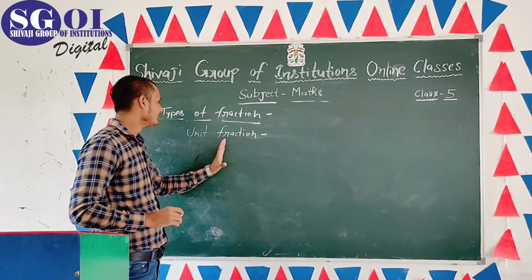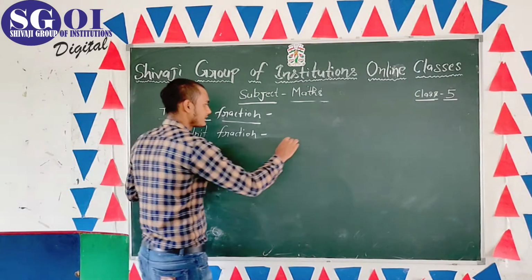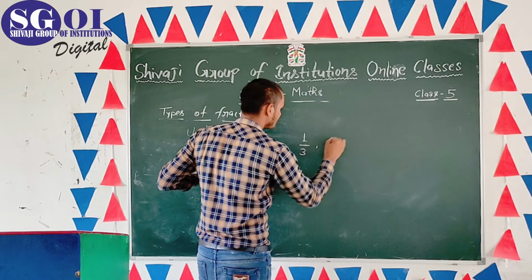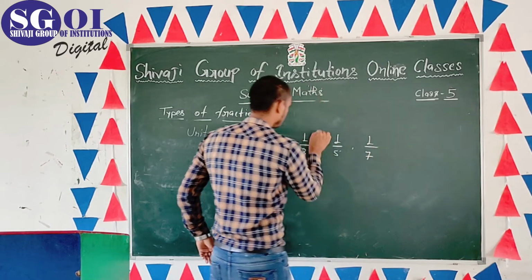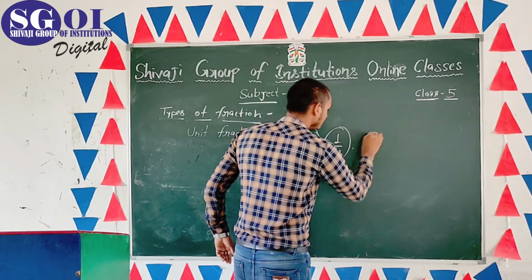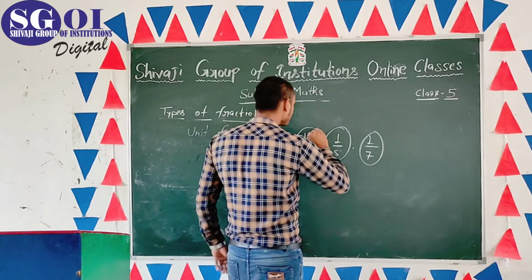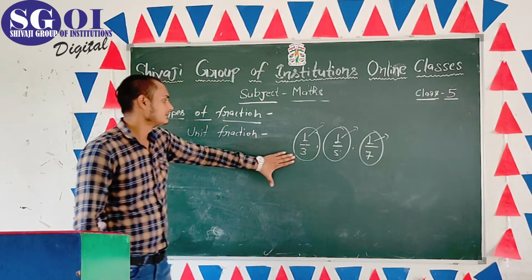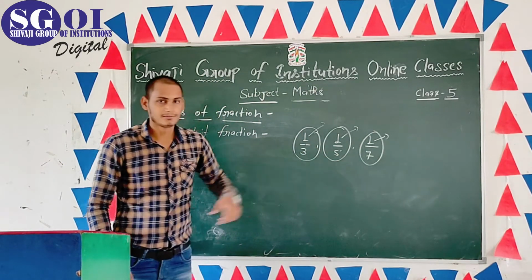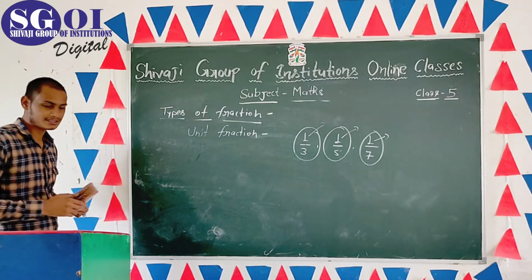A fraction with numerator 1 is called unit fraction. This means 1 upon 3, 1 upon 5, 1 upon 7. These are unit fractions. Okay students? Because the numerator is 1. Numerator is 1, so this is called unit fraction. Okay students, understood?